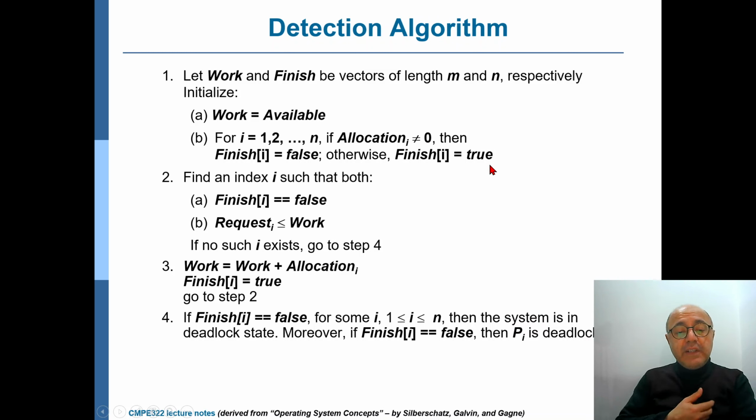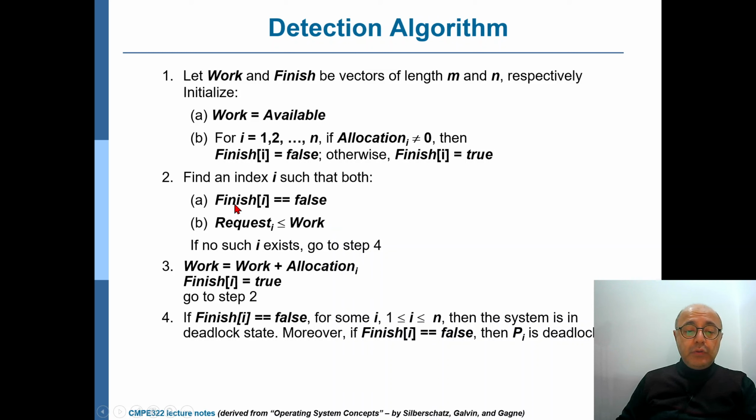For all others, finish is initially false. Then, in this finish vector, we search for a process Pi which is not finished yet, and whose request is less than or equal to work, which was initialized to available. In other words, we're searching for a process which has not been finished yet, but can be finished with the resources in hand.